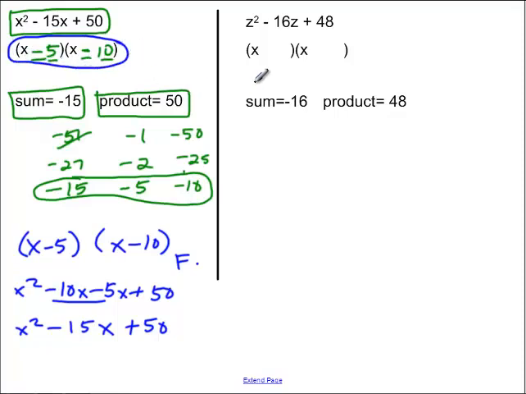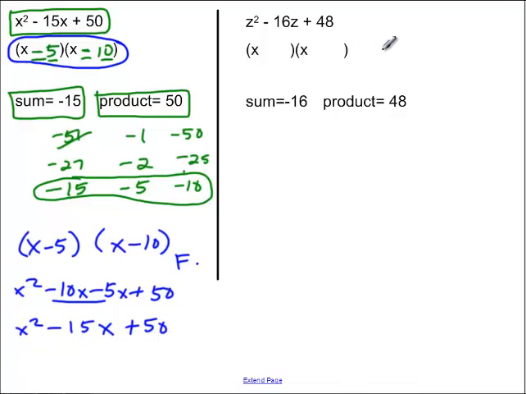Alright, so now I'm going to invite you to go ahead and pause the video now, and go through this idea as well. Here's z squared minus 16z plus 48. And sometimes these can jump out at you. If they don't jump out at you, then follow those rules to make your life easy. Step number 1, write it in descending order.